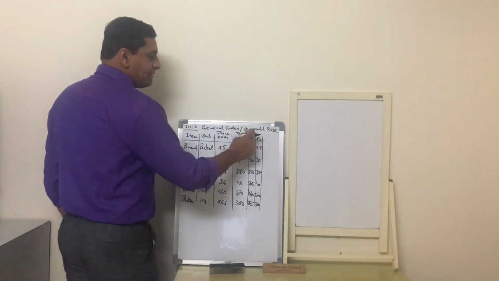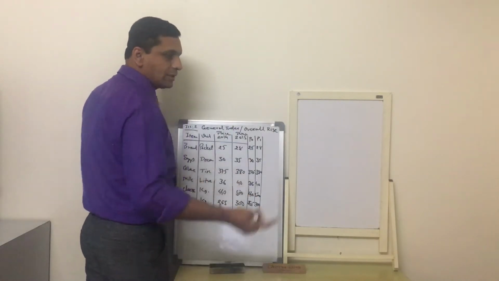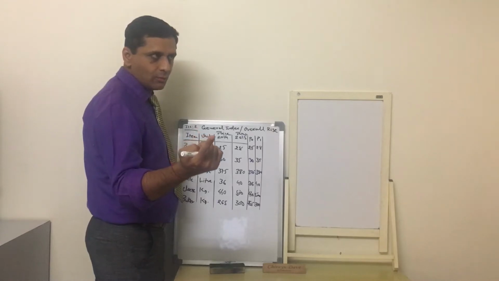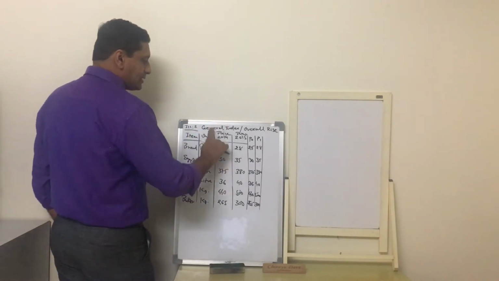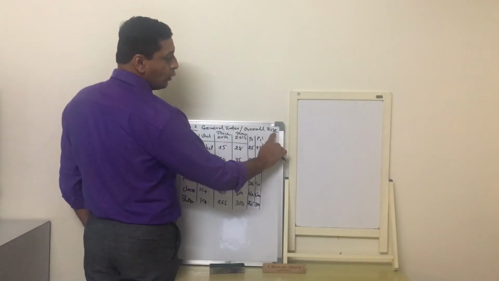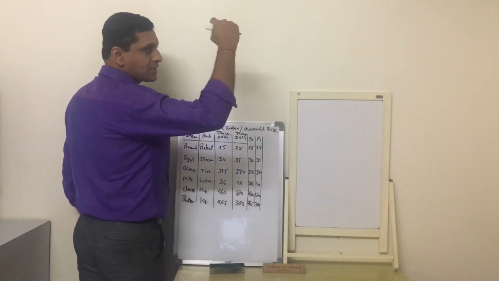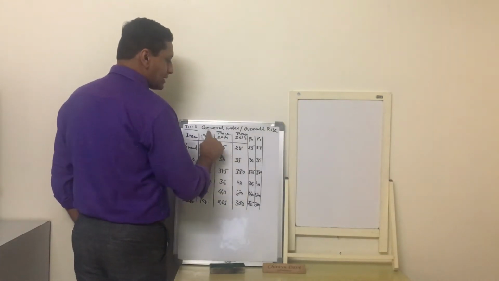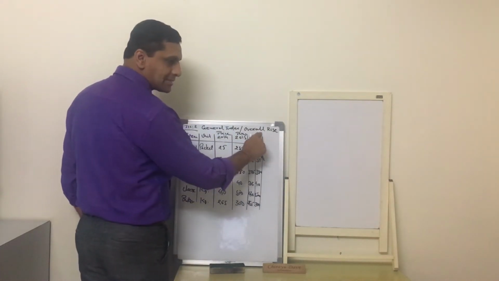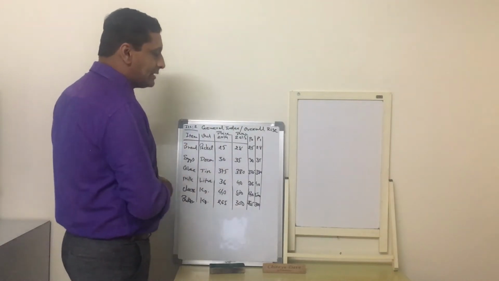Once you find P1 and P0, there is only one relation existing in the question, that is index. How to find the general index and how to find the overall rise? If you refer to the 3-4 lines above the table, it shows general index as well as overall rise. Let's see how the general index is found.